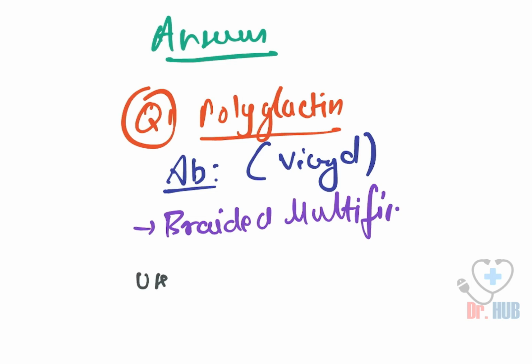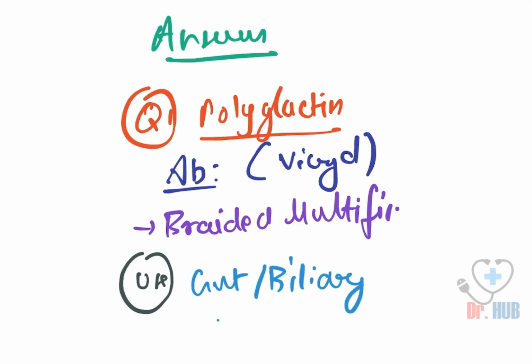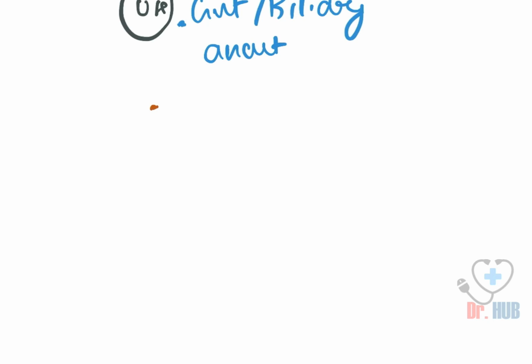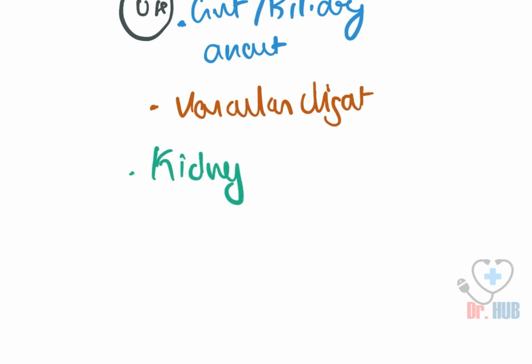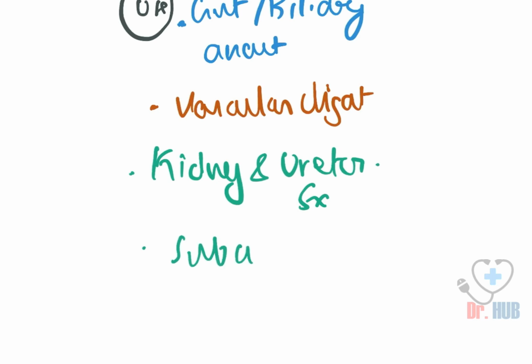And what is the use of this polyglactin? It is used in gut as well as biliary anastomosis. Then it is also used in vascular ligatures. Next, it is used in kidney and ureter surgeries, as well as in subcuticular wounds.